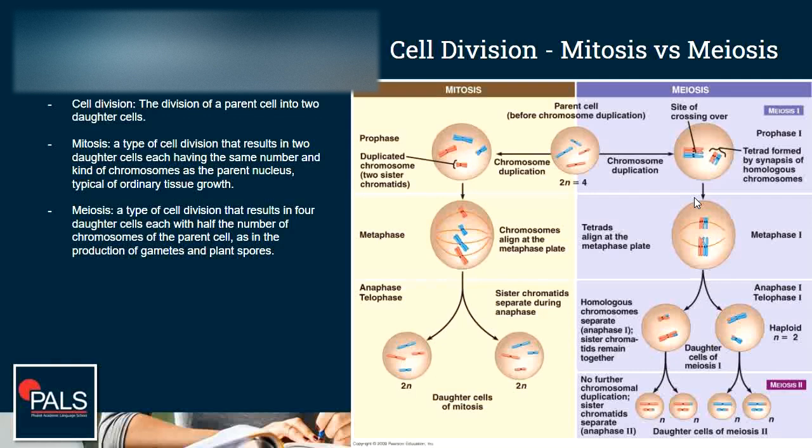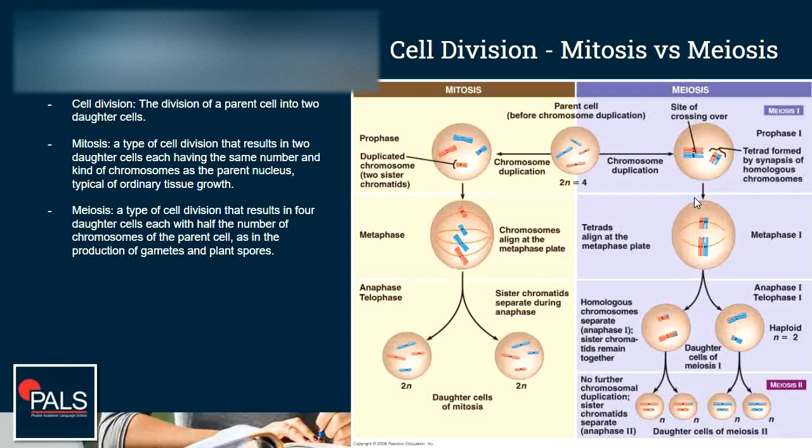And meiosis is happening for the production of gametes. Gametes are sex cells, sperm and egg cells. So meiosis is a very specific process for sexual reproduction to produce the reproductive cells, the egg cells and the sperm cells. Whereas mitosis is happening in our body all the time as well, again for growth and repair and replacement of worn-out cells.